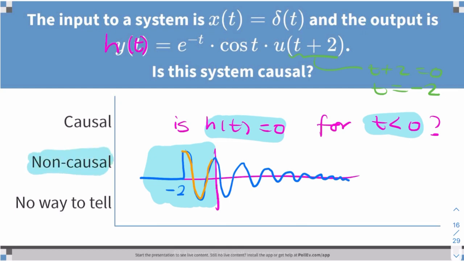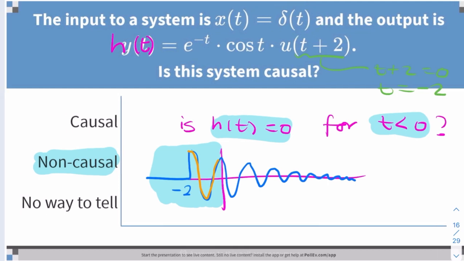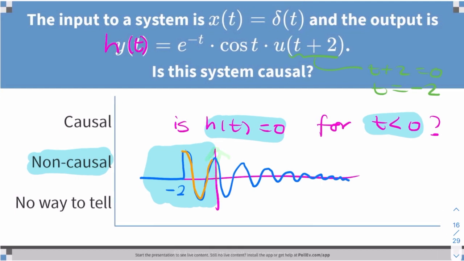For it to be causal, we wouldn't have this bit. So h of t would have to be 0 for all negative time. The fact that we have this means that the signal would be responding before the input. Because remember, the input is a unit impulse at t equals 0. That's the time where the input happens. How can the system respond before the input? It can only do that if it's non-causal.